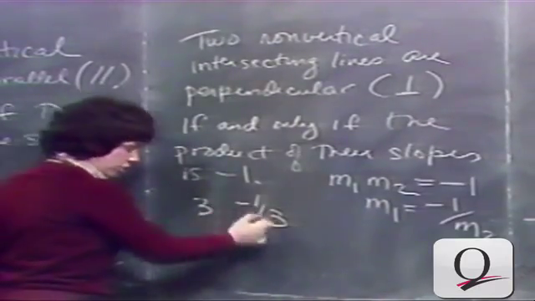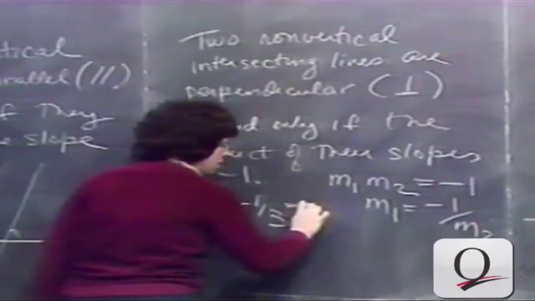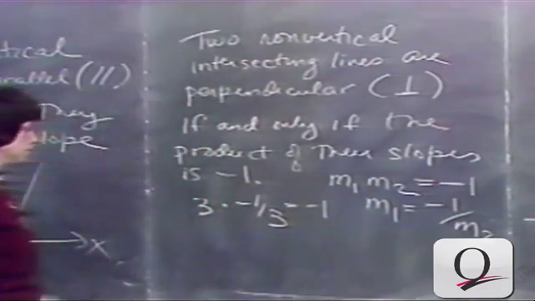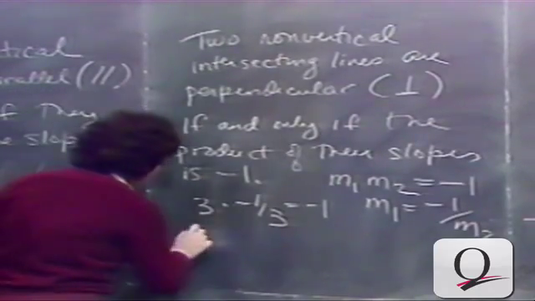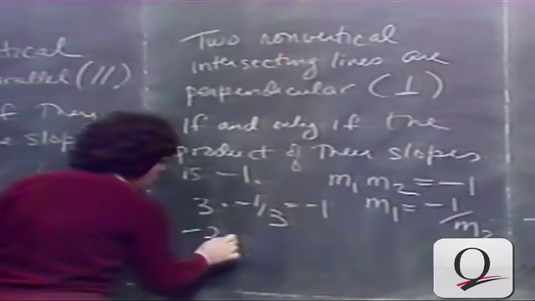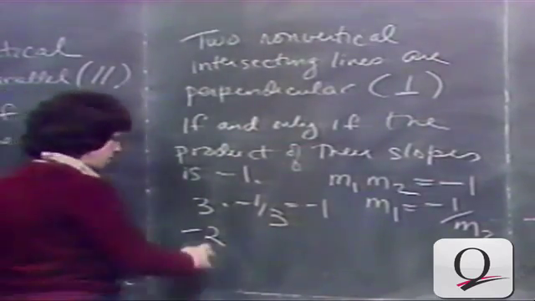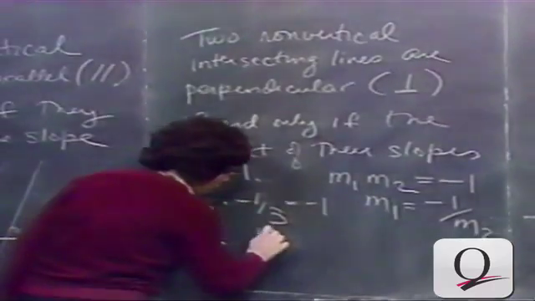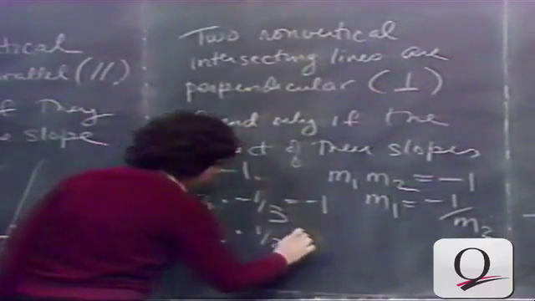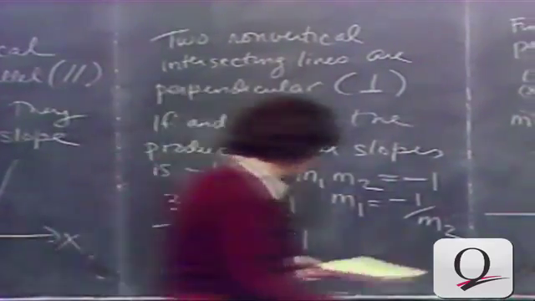It's the negative reciprocal, and the product of the slopes, of course, is -1. Suppose I were to start with one line whose slope is -2. What is the slope of a line perpendicular to this? It would be the negative reciprocal, the negative giving you 2, and the reciprocal 1/2. Once again, the product of the slopes would be -1.